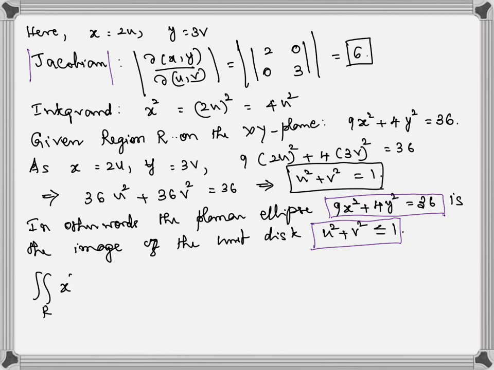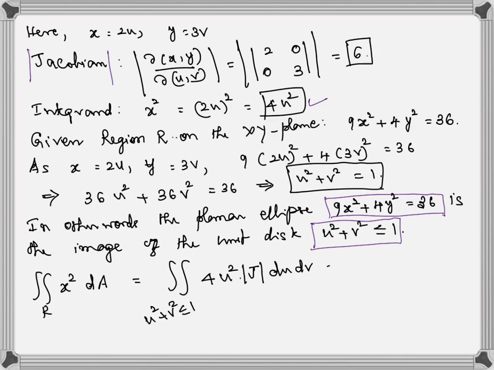So the double integral over R of x squared dA is the double integral over u squared plus v squared less than or equal to 1. We already got x squared to be equal to 4u squared from the step. So 4u squared times the absolute value of the Jacobian, which is the absolute value of 6, times du dv.